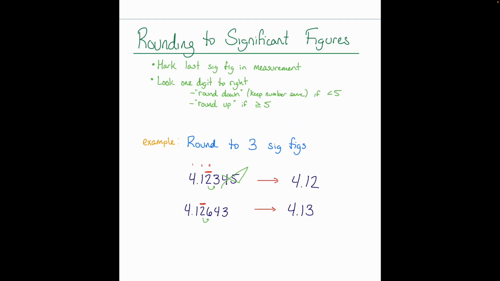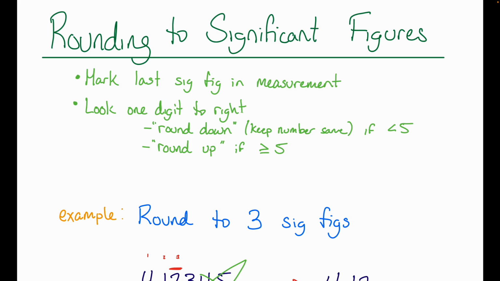All right, the last thing I'm going to put here that's really important to keep in mind is when we're done rounding, we must display the correct number of sig figs. So if I say round to 3 sig figs, the answer that you give me at the end better have 3 sig figs on it, right? That's what it means to round to 3 sig figs.